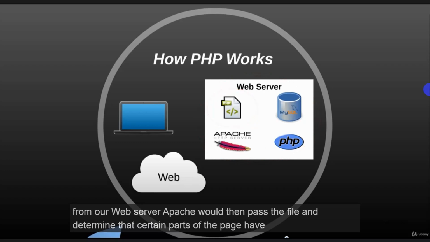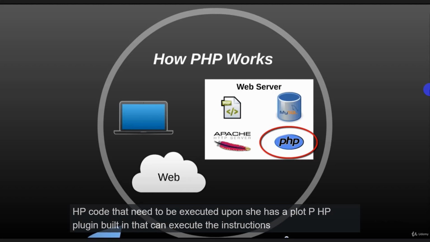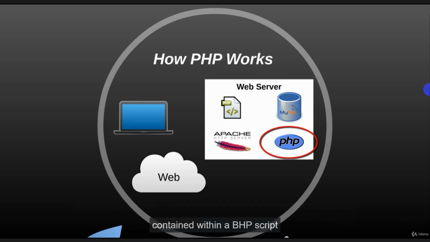Apache would then parse the file and determine that certain parts of the page have PHP code that need to be executed. Apache has a PHP plugin built in that can execute the instructions contained within a PHP script.